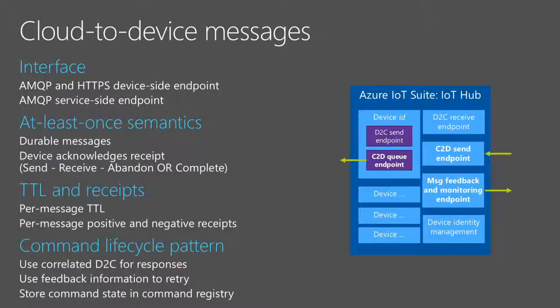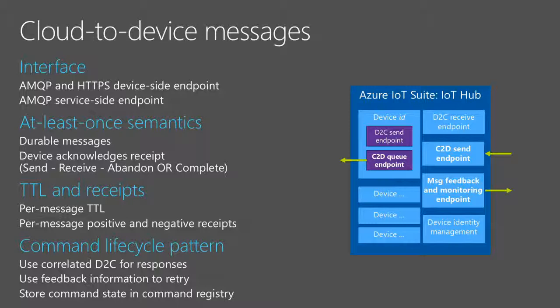Why is this important? We found that many solutions required a kind of command lifecycle. Every message that was sent to the device had to be tracked and logged, and all the resulting actions that happen after an outcome had to be correlated together.